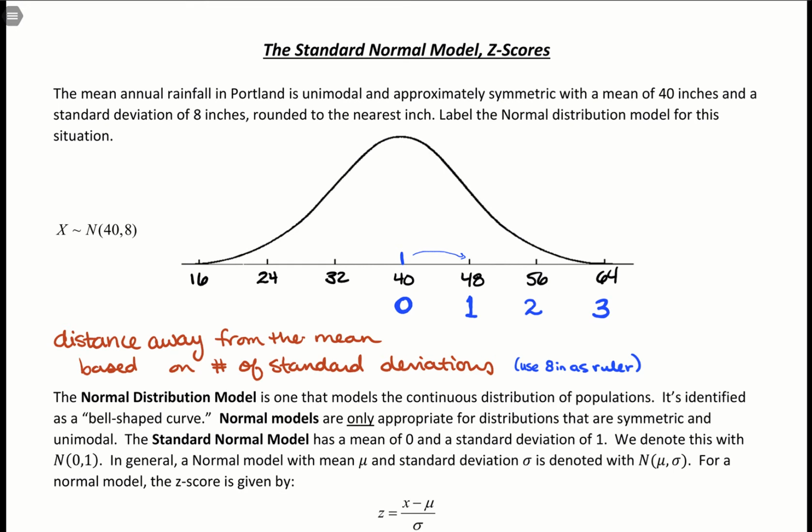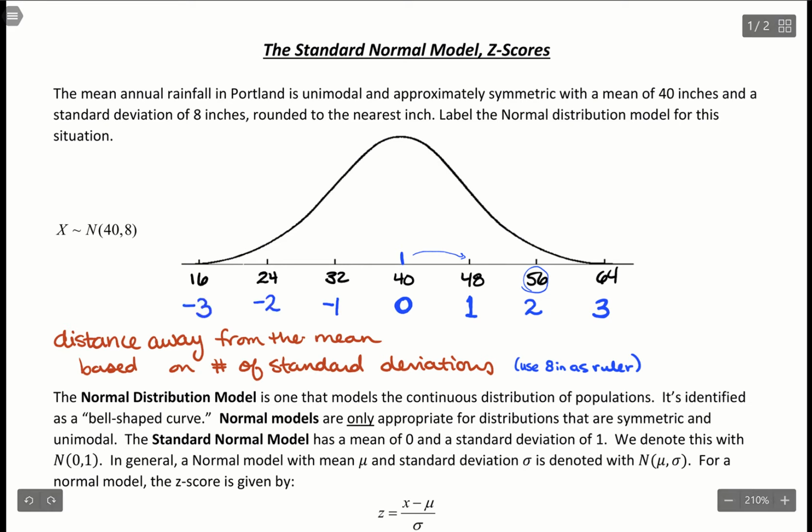Now, when we go below, we don't want to see the same 1, 2, and 3, because if we just say 2 standard deviations away from the mean, we would want that to translate to just 56, just a single number. So when we go below the mean, they're negative values. So 32 would be 1 standard deviation below the mean, which would be a -1, and 24 would be a -2, and then 16 would be a -3.